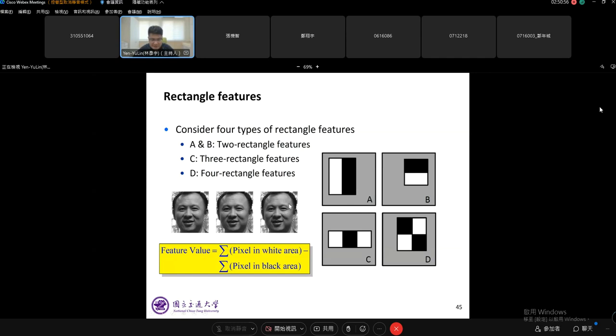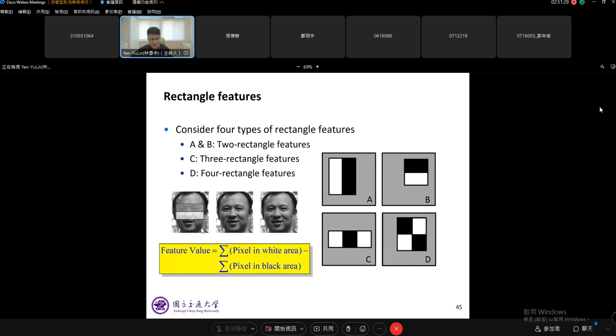In the following, let's talk about how to use rectangle features to extract features of a face or a non-face pattern. Given a face as the input, if we apply this rectangle feature to this pattern, we will project this pattern to a one-dimensional response.